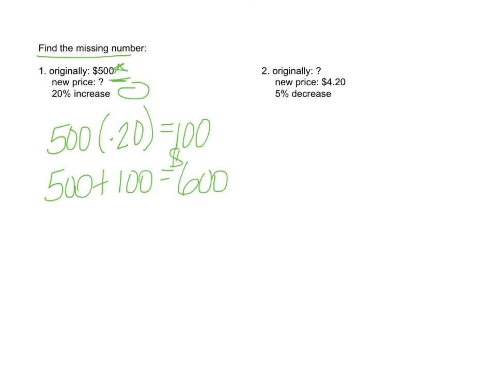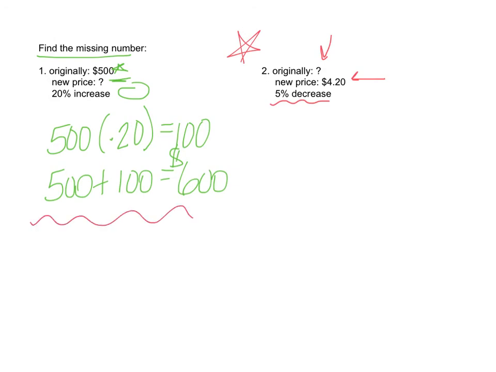Now number 2 is different, so make sure you have this one written down. You don't know what the original price is, but the new price is $4.20, and there's a 5% increase or decrease. So I want to show you a little trick.